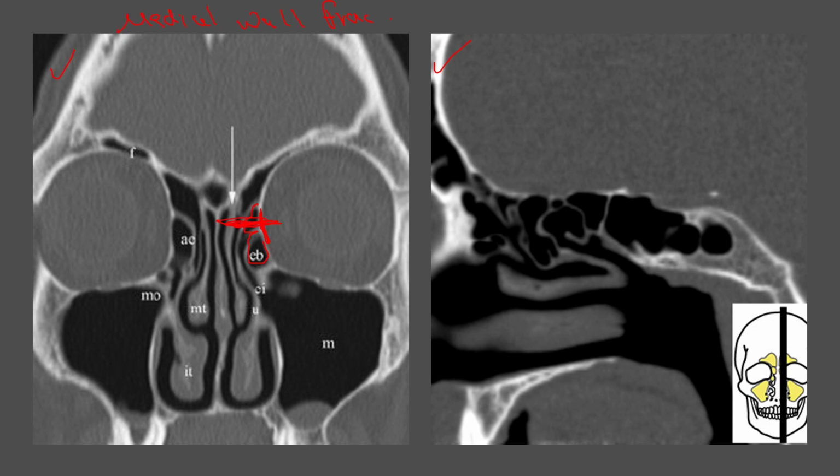Let's move on to the right side. So again, this is the cells. So if a fracture happens at this site, what would happen? On top over here, we have our cranial fossa. And over here we have the ethmoid air cells, which, as you can see here, are part of the paranasal sinuses.